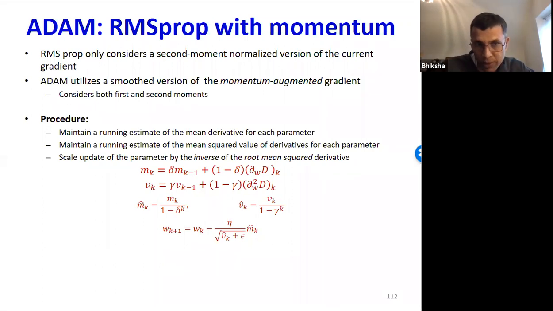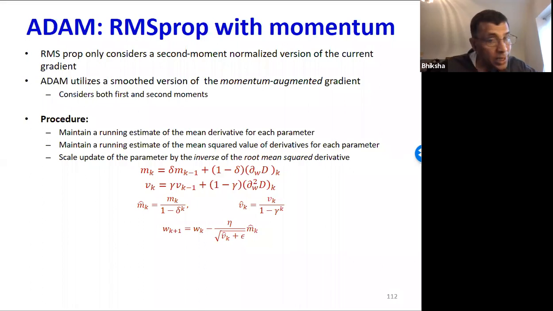So you have two different techniques that we saw. Momentum was considering averages, trying to use averages to smooth things out, but that was ignoring the actual variation. RMS prop was considering the actual variation, but it was ignoring the average. So it was ignoring the trend.